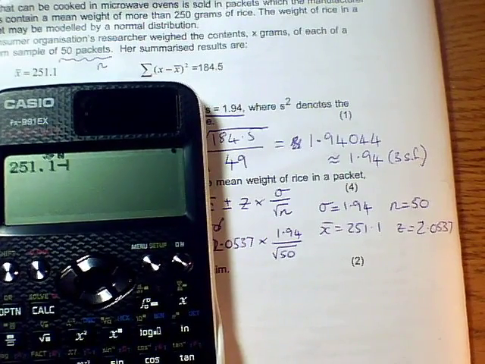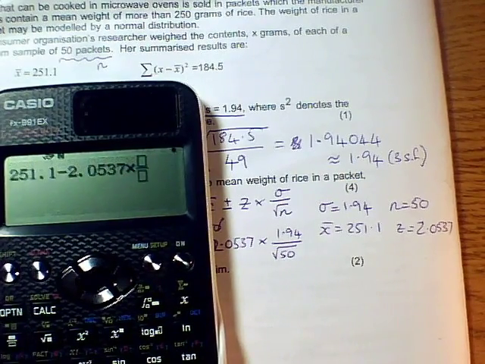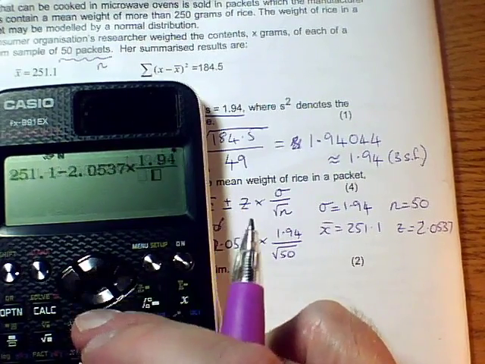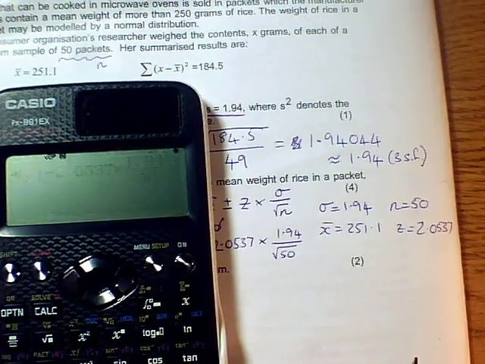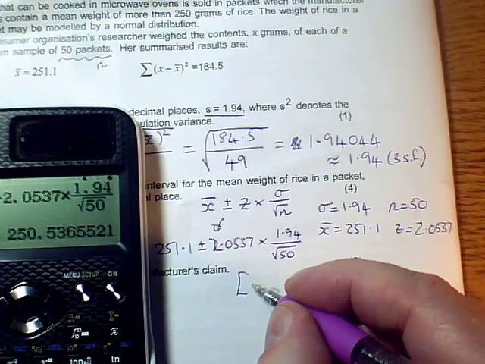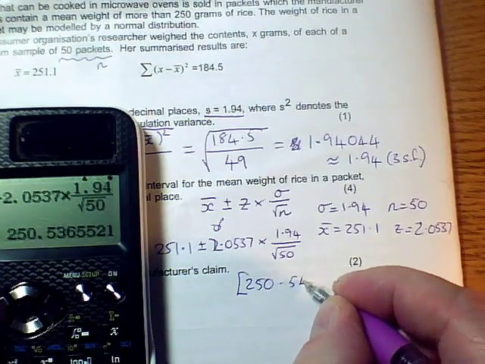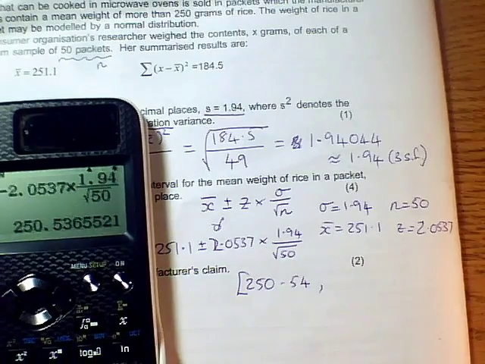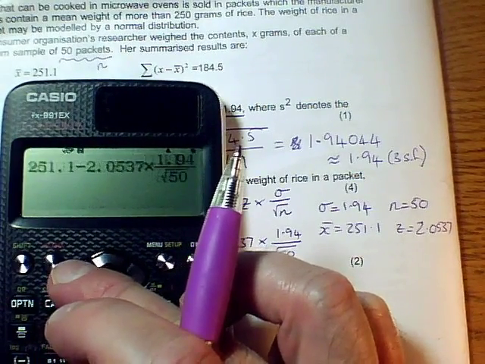That's going to be 251.1 minus 2.0537 times 1.94 divided by the square root of 50. Enter that, and I get 250.536, so that's 250.54. Probably don't need this number of decimal places, but let's not take any risks. I can always round later.